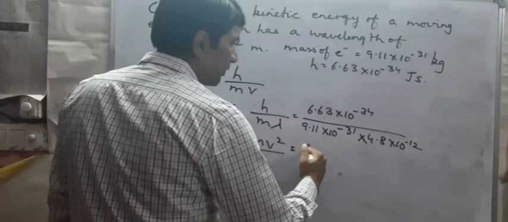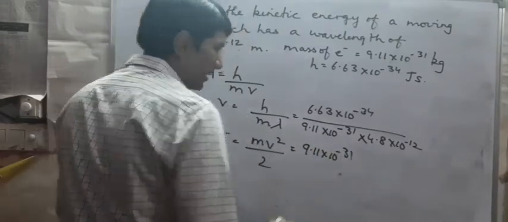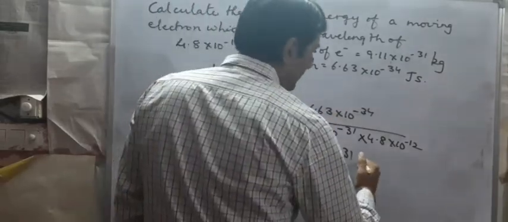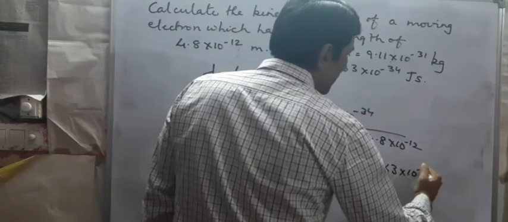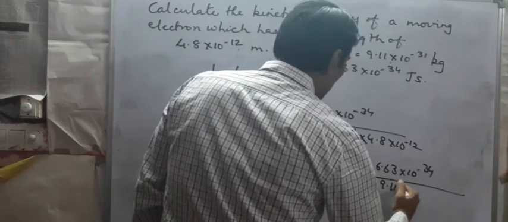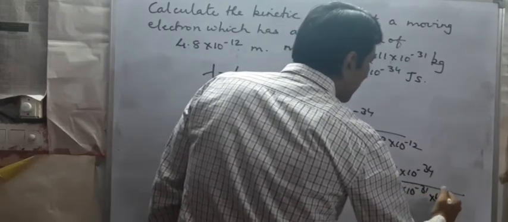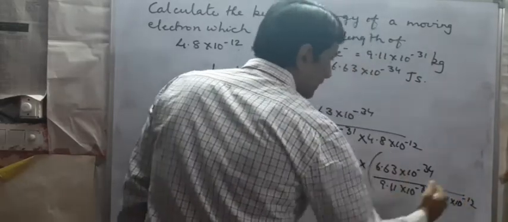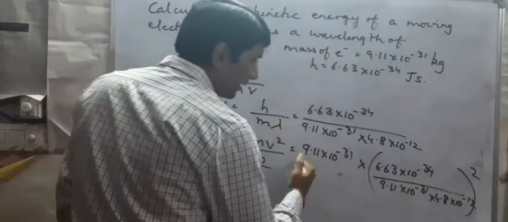So the value of mass is 9.11 into 10 raised to power minus 31. V square is the value for this entire expression. So what we'll write is into 6.63 into 10 raised to power minus 34 upon 9.11 into 10 raised to power minus 31 into 4.8 into 10 raised to power minus 12, the square of this value, and divided by 2.